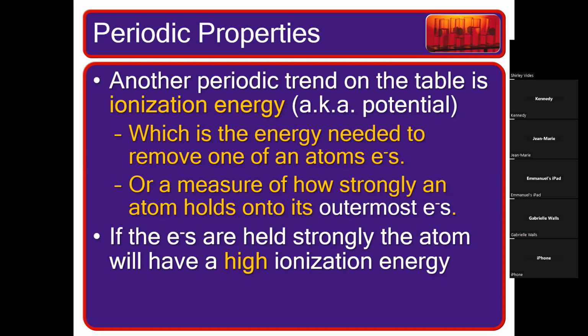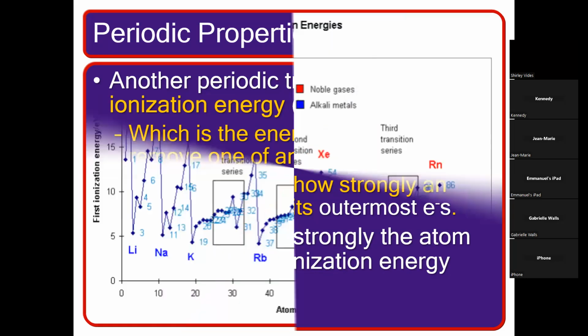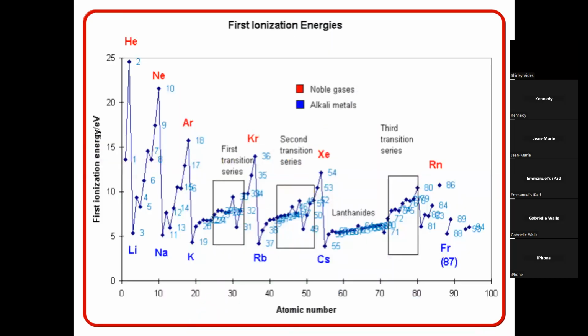But chlorine, they want to gain, not lose. So obviously they're going to hold on to their electrons. So it makes sense that the ones that only have one are going to want to get rid of them faster. Therefore, the lowest ionization energy is going to be on those that are on group 1A. And the highest is going to be all of the noble gases, as you can see. You see that?